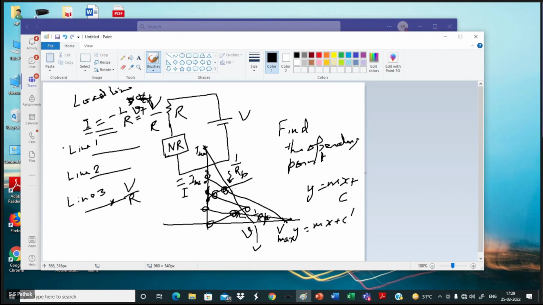And this will be having a solution valid for this line, this line, and this line, both. So I will be having 3 different operating points.